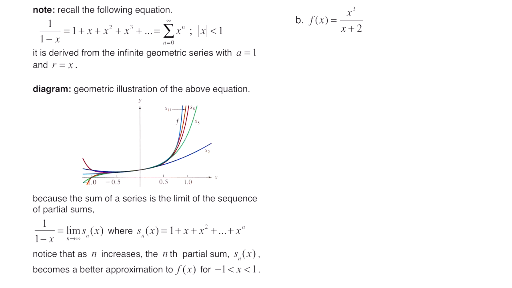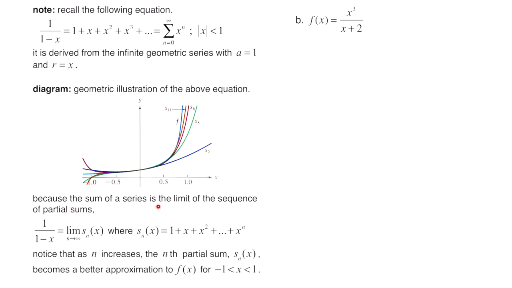In this lesson, we're going to take functions of the form 1 over 1 minus x and rewrite them in a power series form where we have x to the n. Here we have a diagram, a geometric illustration of the above equation, and in blue is our function f.